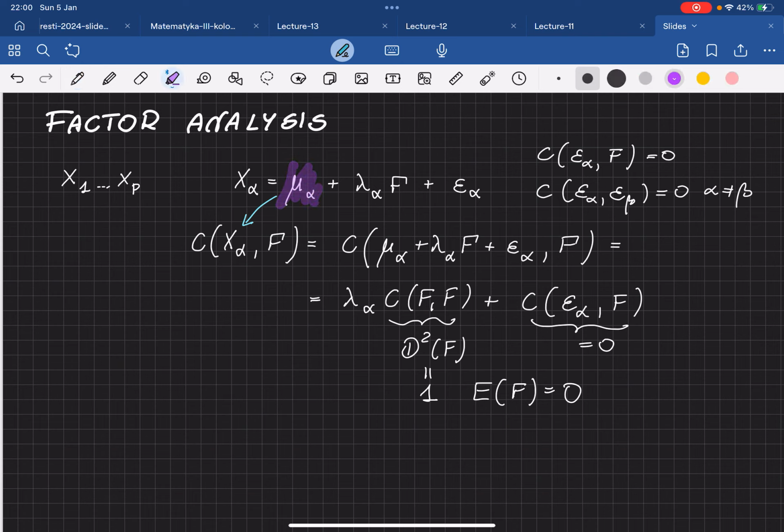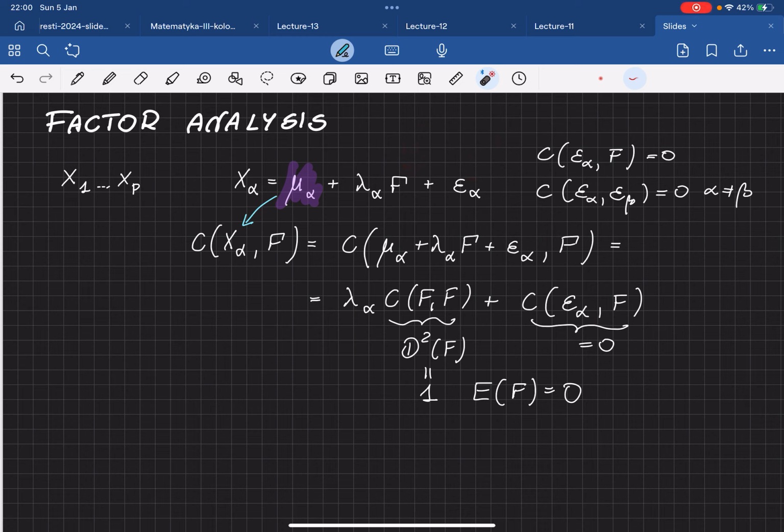So this is the expectation value, and the rest of the variables, I mean variable f and variable epsilon, have expectation values equal to 0.